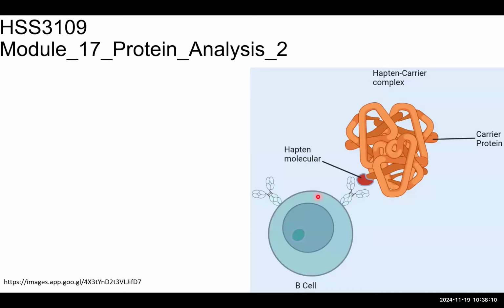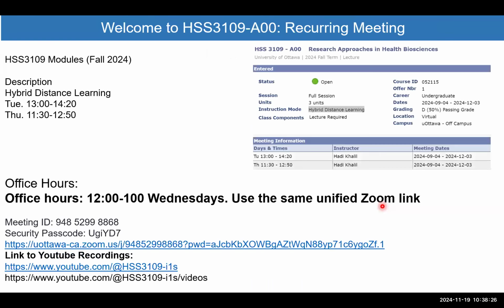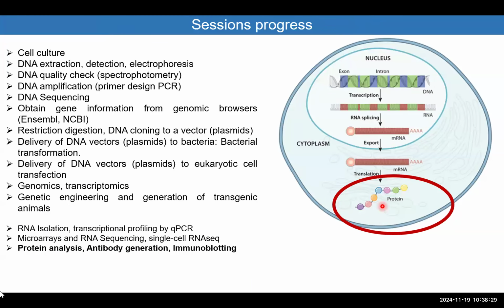And we do this setup in vitro, so we can identify proteins, we can see the quantity of these proteins in the blood, in fluids, in cells, in healthy conditions and in disease conditions. So today's discussion would be mostly about the antibody generation.